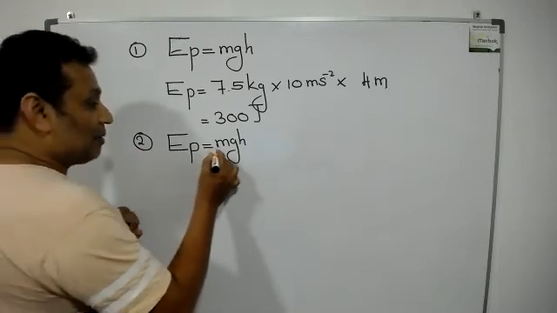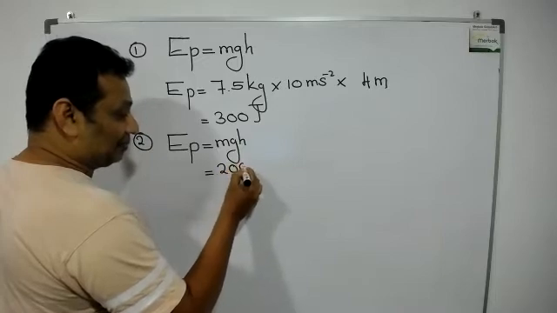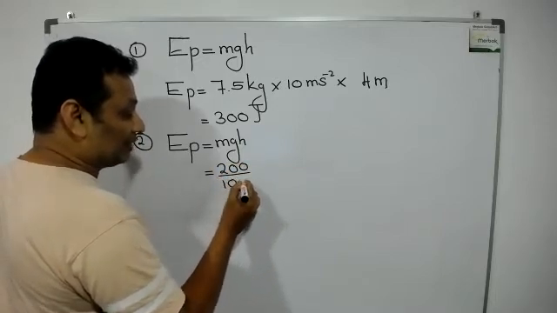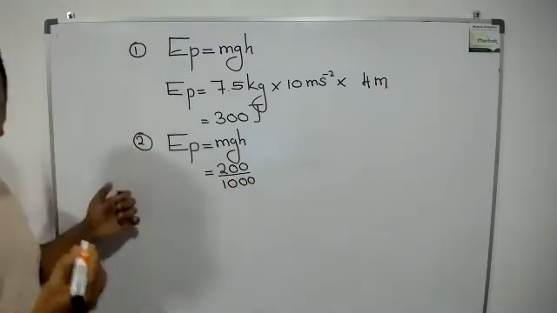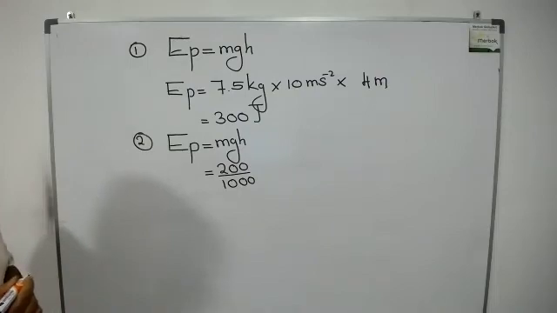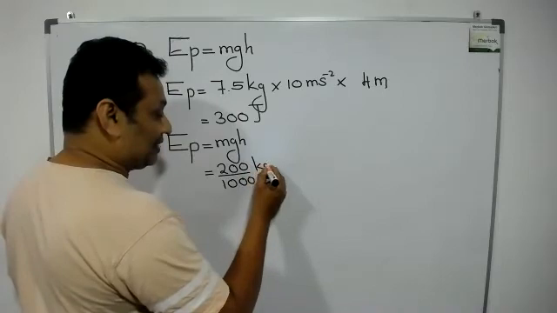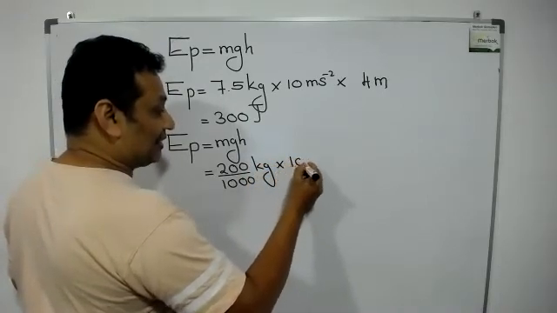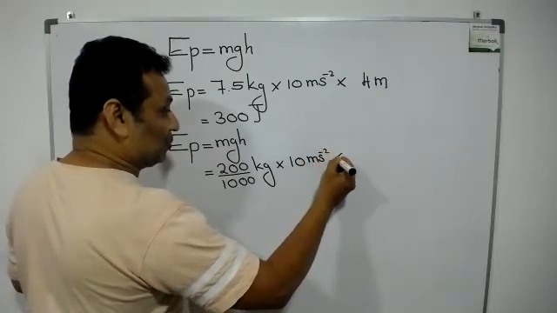Right. M, 200 gram. 200 over 1000. You have to write it in kilogram. Gravitational acceleration, 10 m s^-2.